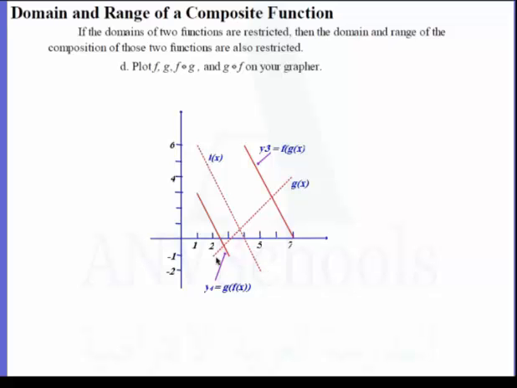Our g of x, which is the broken line here. And our f of g of x, which is our y3, which is this one. And our y4, which is this one. Okay, your grapher should have the same illustrations or graphs as mine.